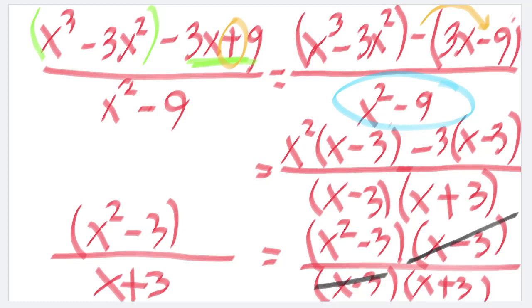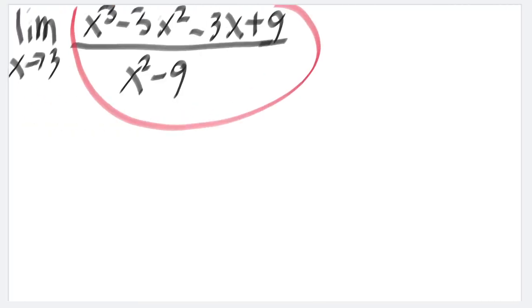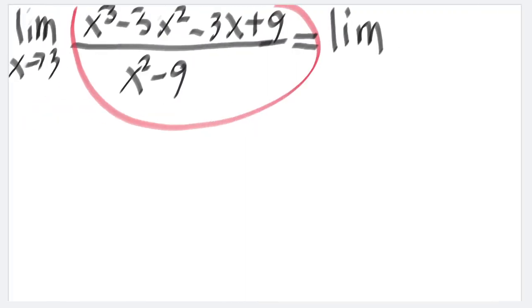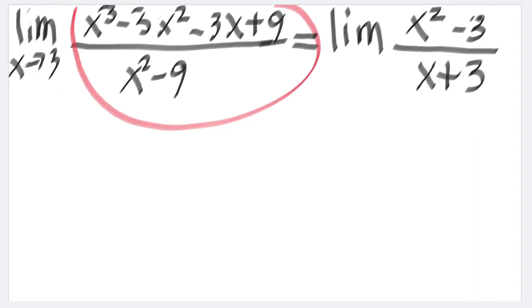So, therefore, the limit of x cubed minus 3x squared minus 3x plus 9 all over x squared minus 9 as x approaches to 3 is just equal to the limit of what? x squared minus 3 over x plus 3 as x approaches to 3.